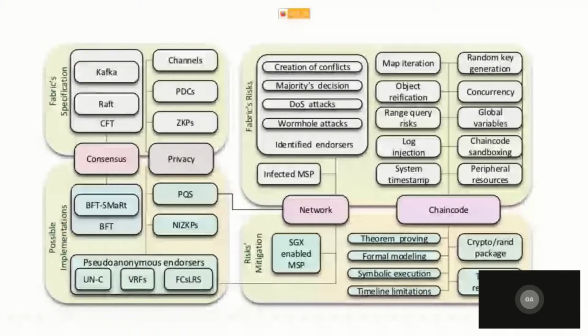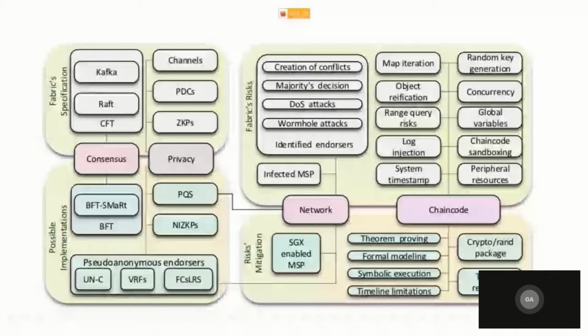So this diagram shows the possible attacks and the membership service provider. If an SGX-enabled membership service provider is used, that could be a good solution. You can use Intel SGX or other hardware security modules, or any other trusted execution environments.